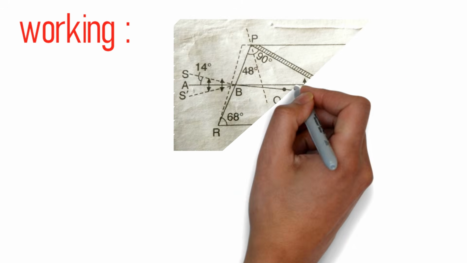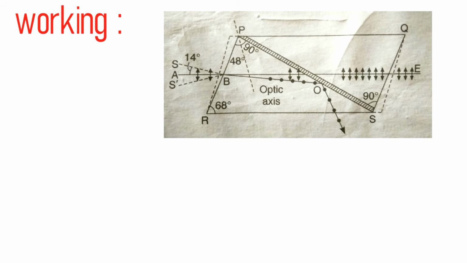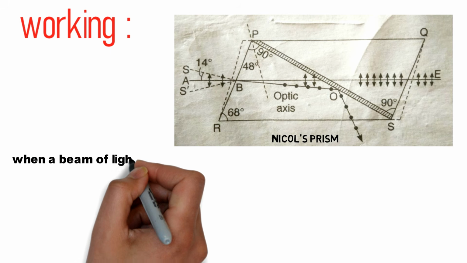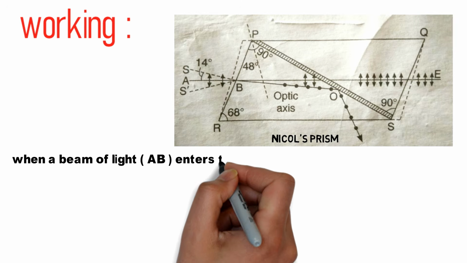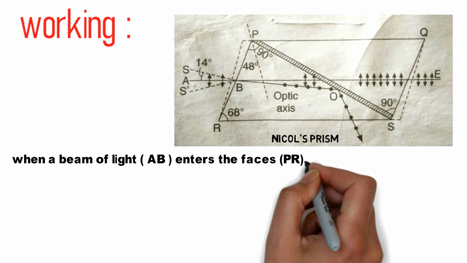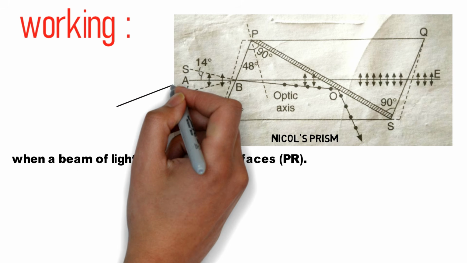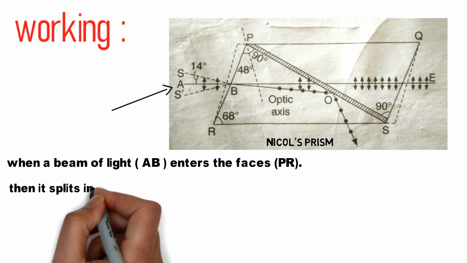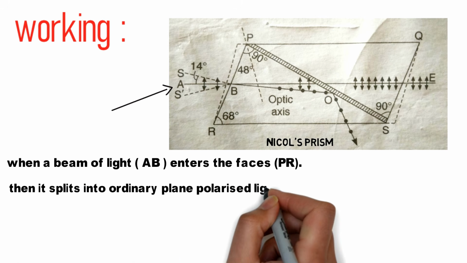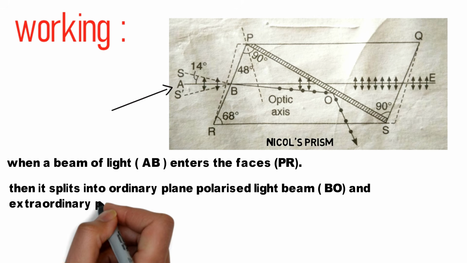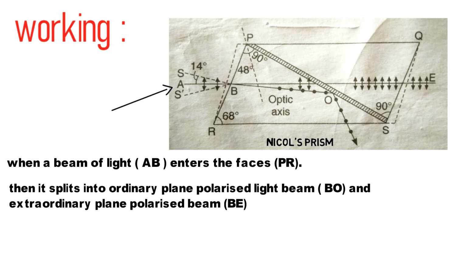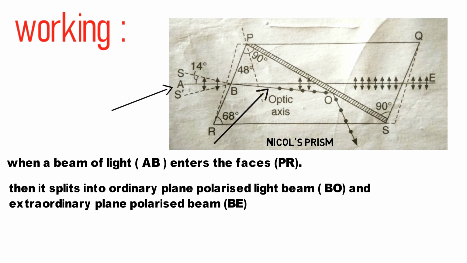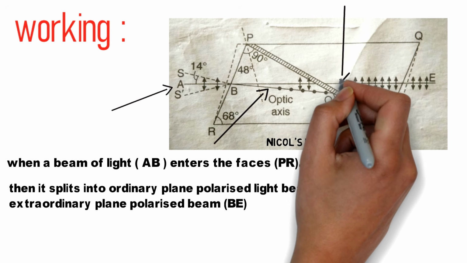Here is Nicol's prism diagram. When a beam of light AB enters the face PR, in the diagram we see the light beam AB, then it splits into ordinary plane polarized light and extraordinary plane polarized light beam. Here we see the ordinary plane polarized light BO and extraordinary plane polarized light BE.